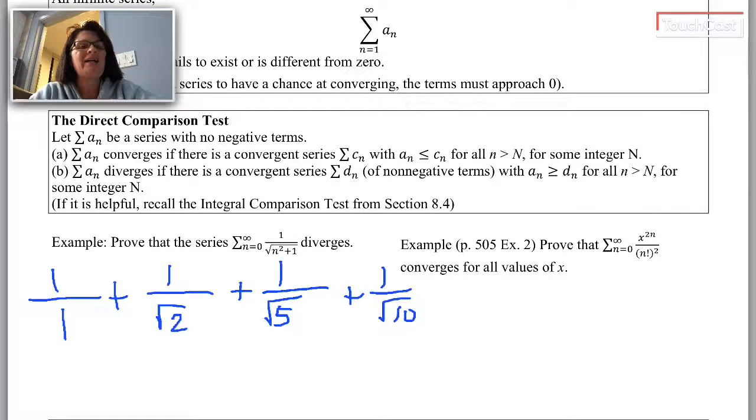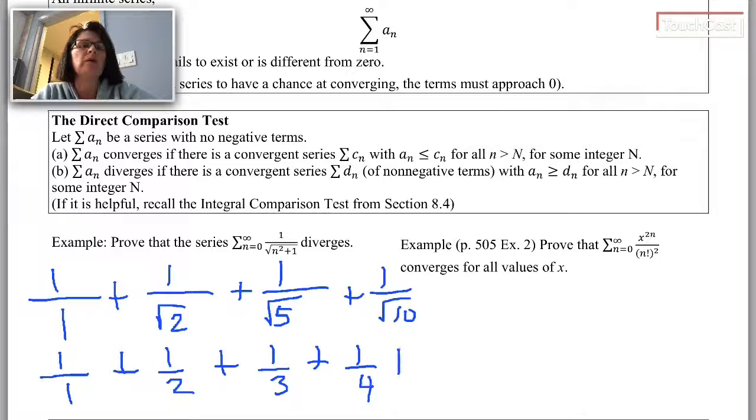So what I'm noticing is that these radicands are always one more than a perfect square. And I think about this series that I do know, 1 over 1 plus 1 over 2 plus 1 over 3 plus 1 over 4 plus 1 over 5.